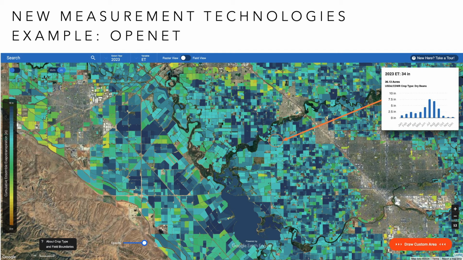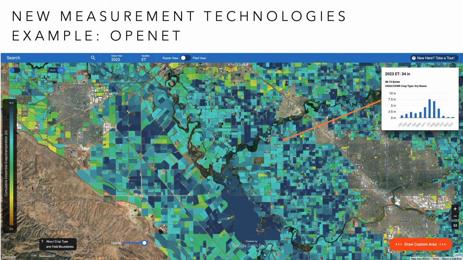And so you can take any field in California and tell by satellite how much water is being used. And over here is a graph month by month of the water usage on this particular field, where there's a circle around a field.